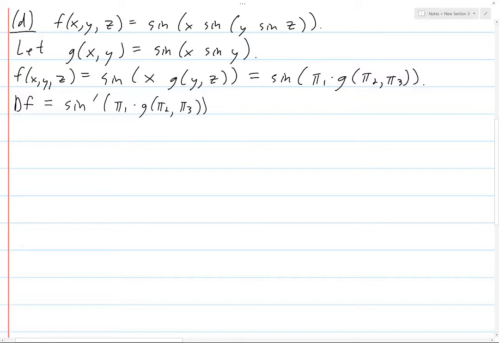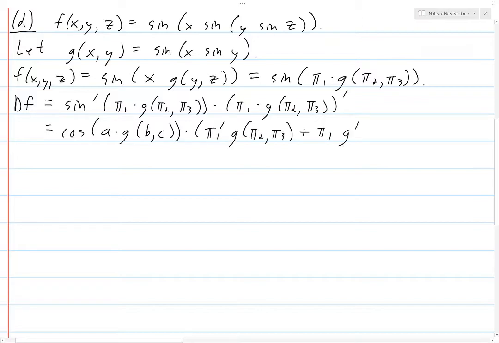Okay, so now we take the derivative of sine, we get cosine, and let's replace these back with the standard variables that we have. So we have cosine of a times g of b comma c, and we're multiplying by, okay, well here we have to do the product rule, so pi 1 prime times g of pi 2, pi 3, plus pi 1 times g prime evaluated at pi 2 comma pi 3.